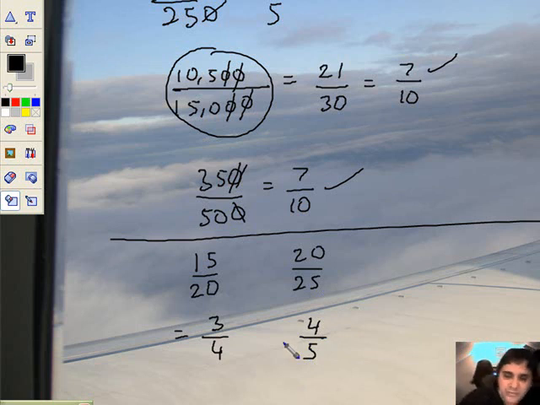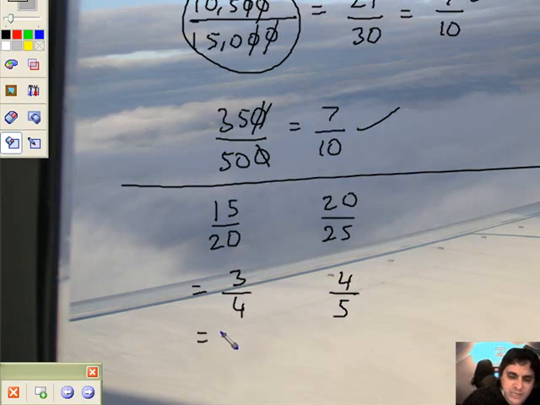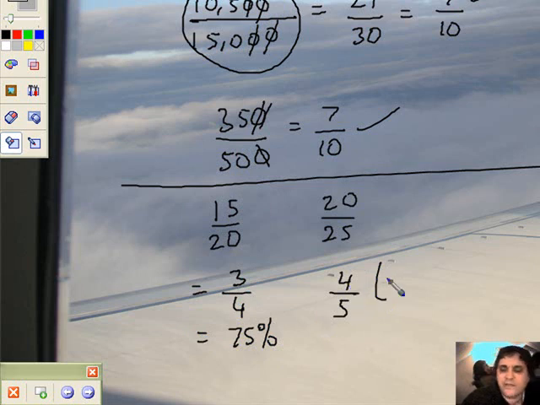I do know that 4/5 is bigger and therefore better than 3 over 4. But if we change into percentage, you should know that 3/4 is 75%, and if you visualize 4/5 as 8/10, now you can see that's actually 80%.